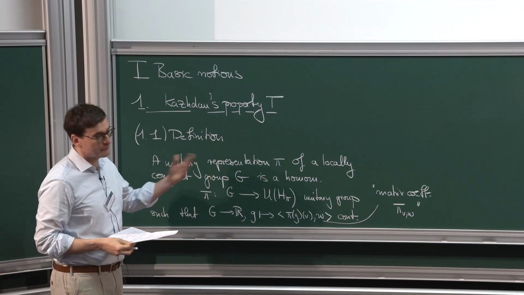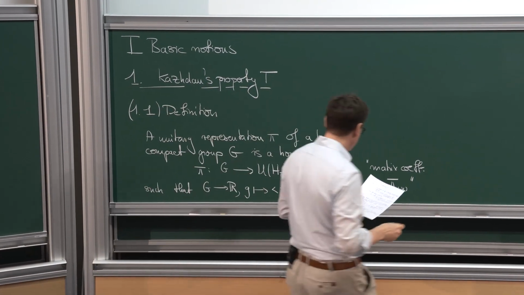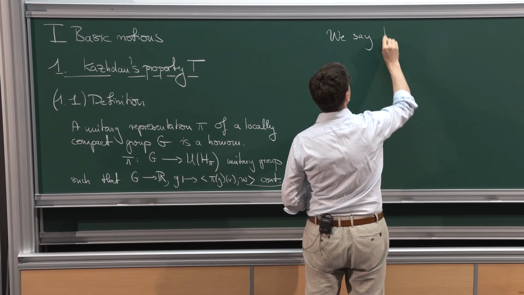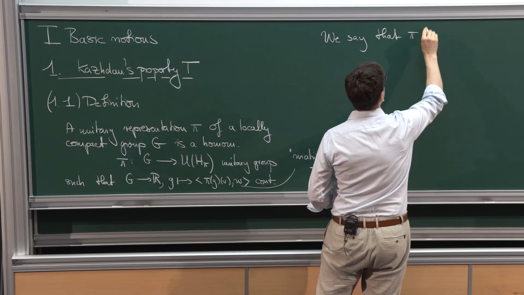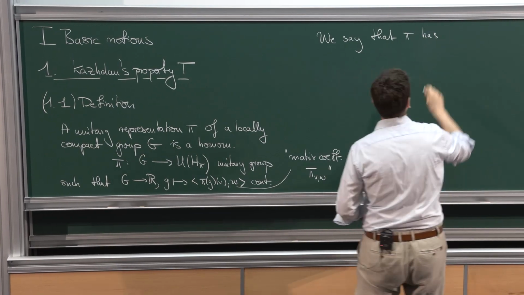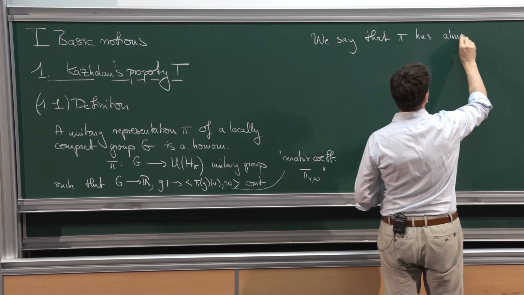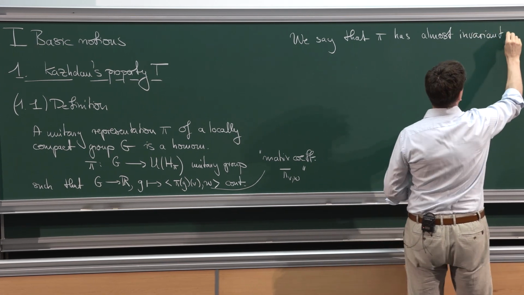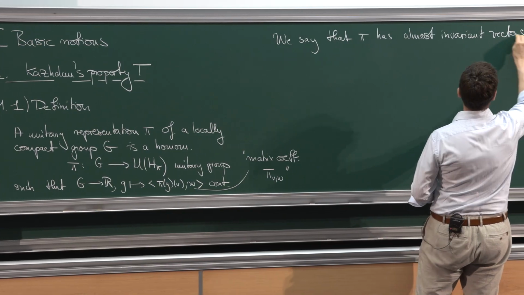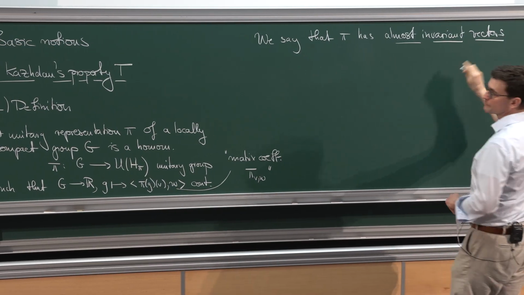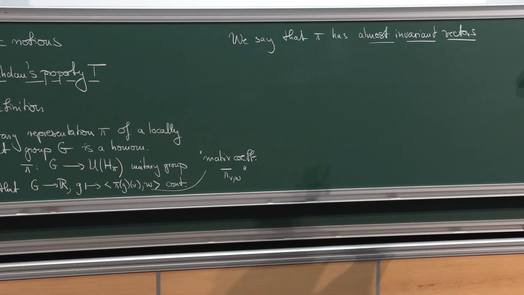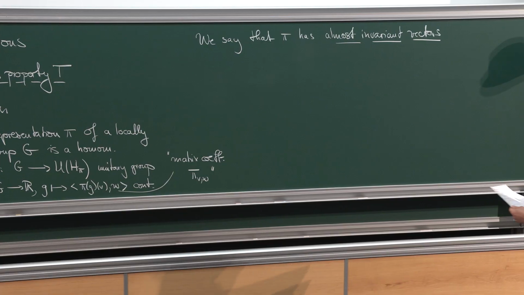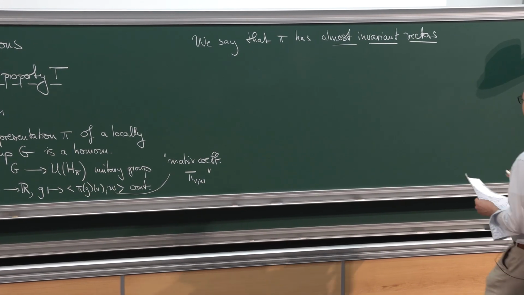And then, if you have such a representation, we say that this representation has almost invariant vectors. Please let me know if you can't read anything, if it's too small. It's hard to change the font size consistently, I know, but I would try.